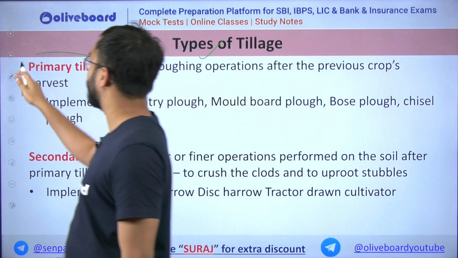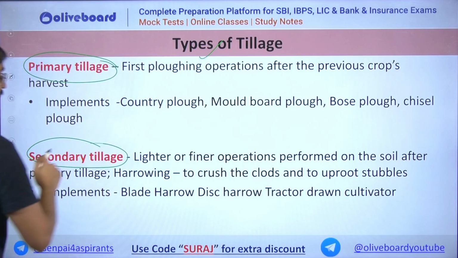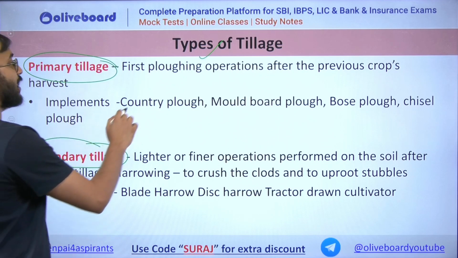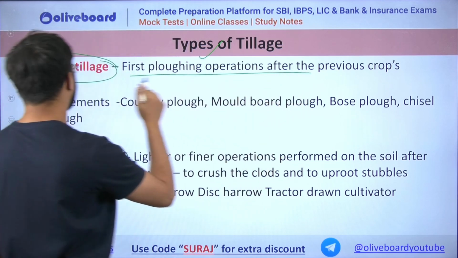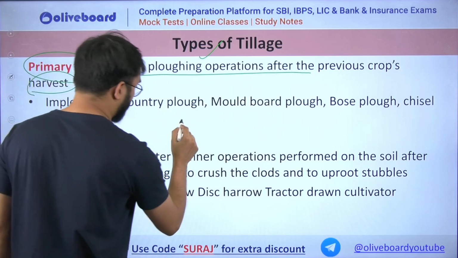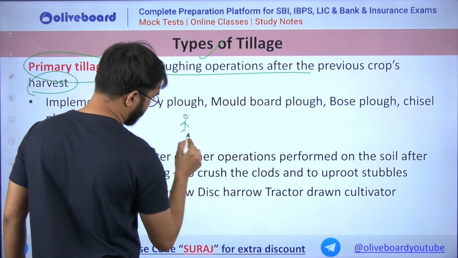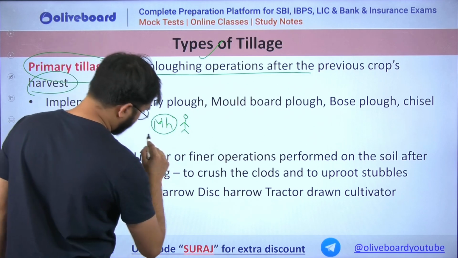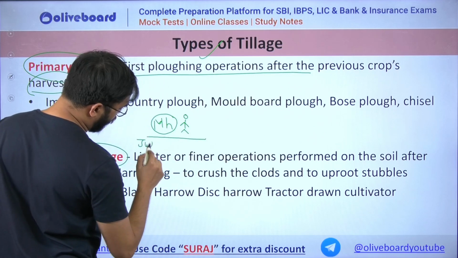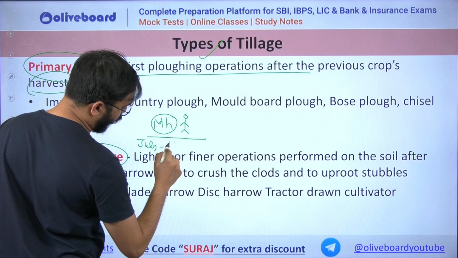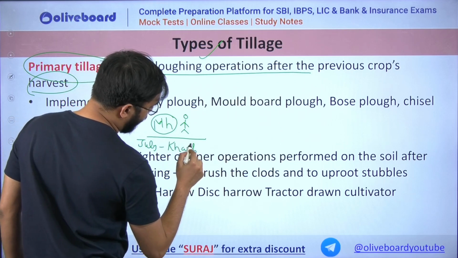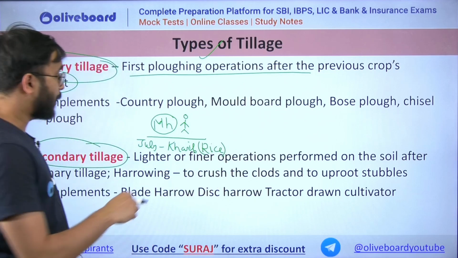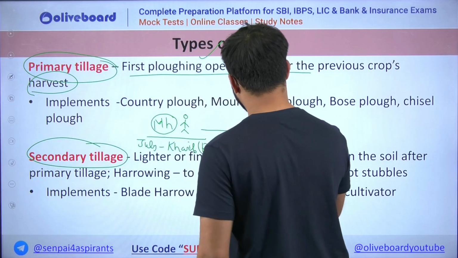First is primary tillage. Primary tillage and secondary tillage are the two important practices of tillage. Primary tillage is the first plowing operation after the previous crop's harvest. For example, suppose there is a farmer in Maharashtra who started his cropping in June, July for the Kharif crop, in which he planted rice for almost 4 to 6 months.